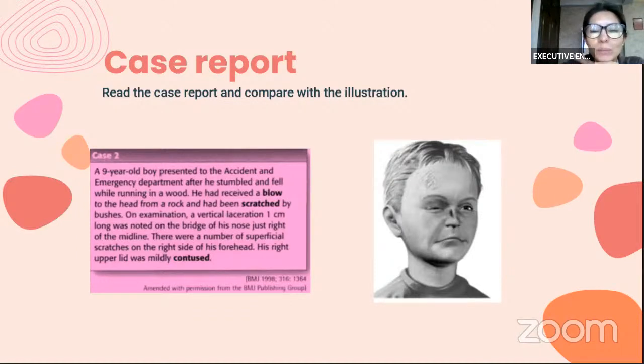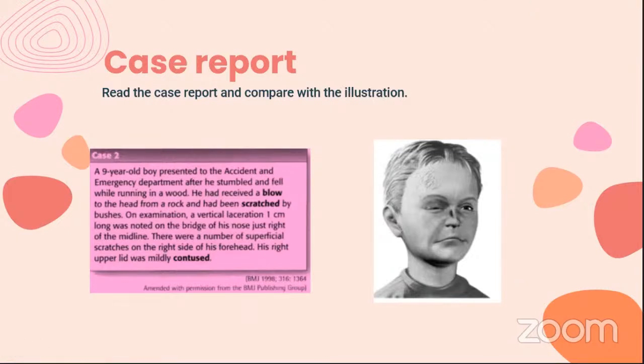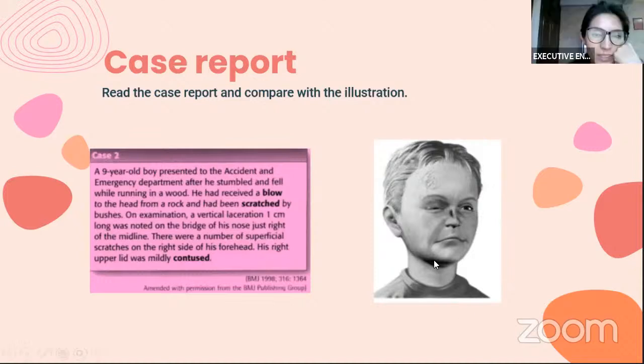I think it was pretty much comparing. Or do you notice something that is not in this case? I don't know if I am wrong, but maybe I see some bruises under the left eye.